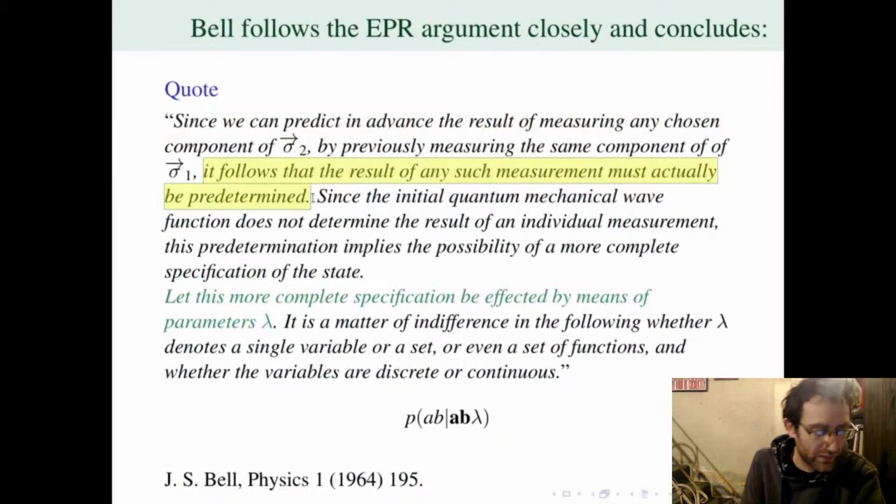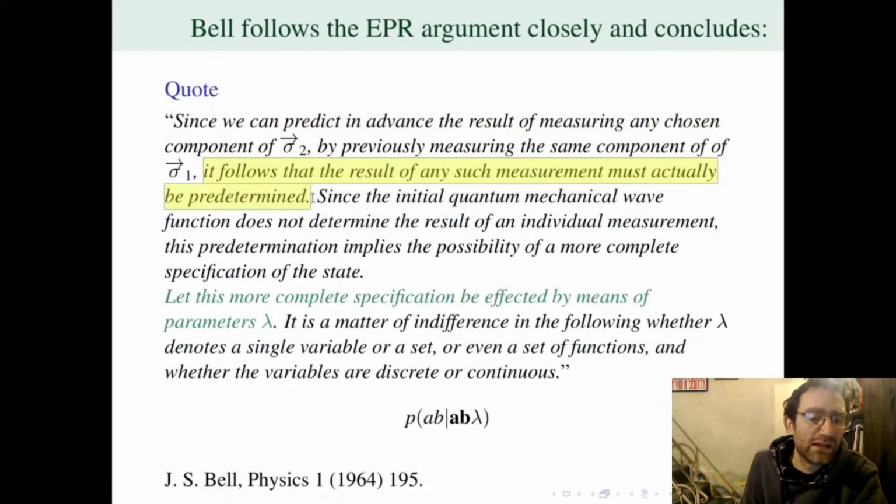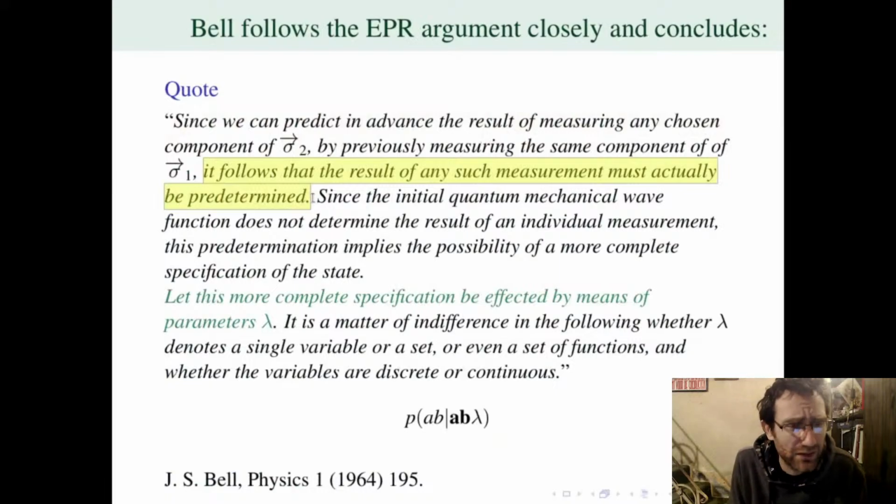So he concludes, following Einstein, Podolsky, and Rosen, that there is an element of reality related to the spin of the second particle. This can be done if you prepare particles in the singlet state, and in all possible directions. So there should be a well-defined spin value for the second particle for every direction in space.